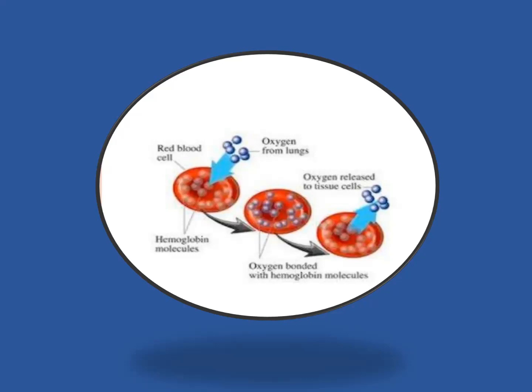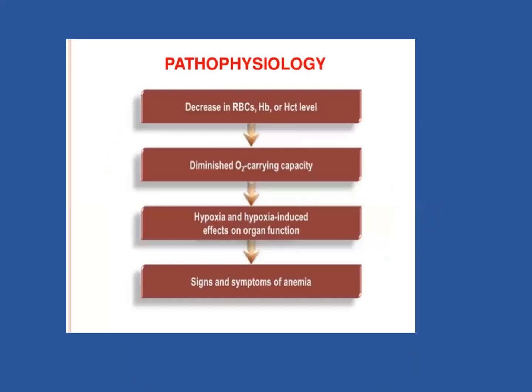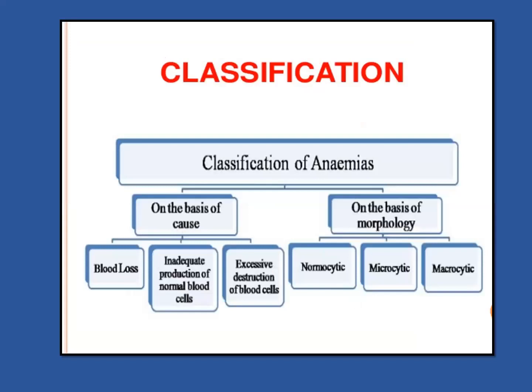We're not going into that either because you already know that. When there's a decrease in RBCs, there's going to be a diminished oxygen carrying capacity, hypoxia and hypoxia-induced effects on organ functions, and then the signs and symptoms of anemia develop. This is the whole pathophysiology process of how and why the anemia is going to develop.